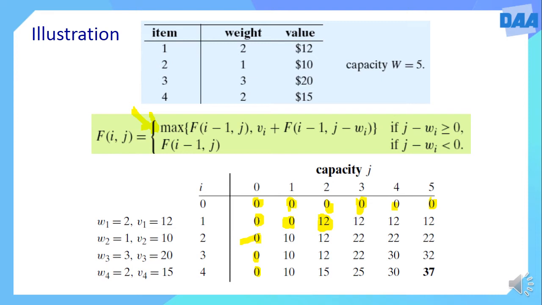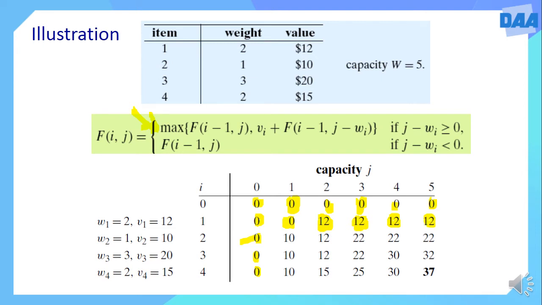It is this particular position. So 12 plus 0 is 12. Maximum of 0 and 12 is 12 itself. That is how the value in this position is got. Similarly, we can compute the values for f of 1,4 and f of 1,5.